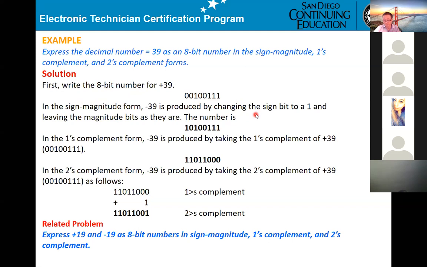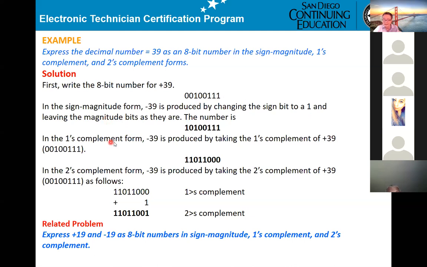I remind you, if you do not understand or you don't know why, you must ask. Now, in the sign magnitude form, minus 39 is produced by changing the sign bit to 1 and leaving the rest the same. That means the first bit will be 1 and the rest of the bits will still be 39. That is the sign magnitude form.